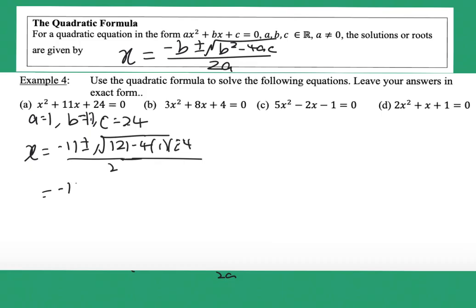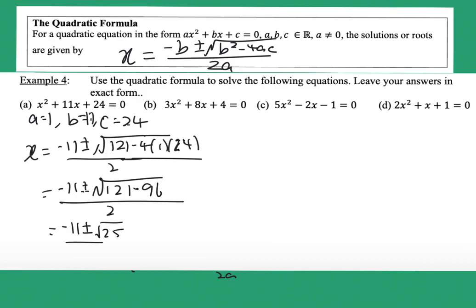So it's negative 11 plus or minus the square root of 121 minus 4 times 24, which is equal to 96. So you have 121 minus 96 over 2. So 121 minus 96 is square root of 25 over 2.